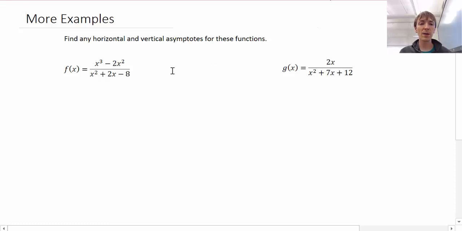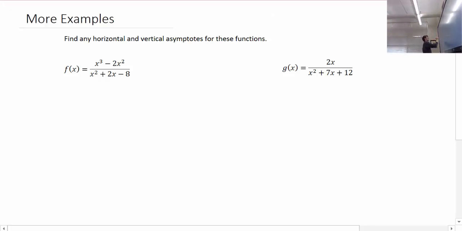All right, so here I'm just giving you the function, and I didn't take that extra step of factoring and simplifying. And because I'm looking for both horizontal and vertical asymptotes, I will need to factor and simplify. So let me do that first, and then I'll come back. All right.